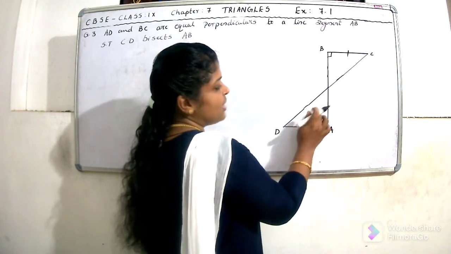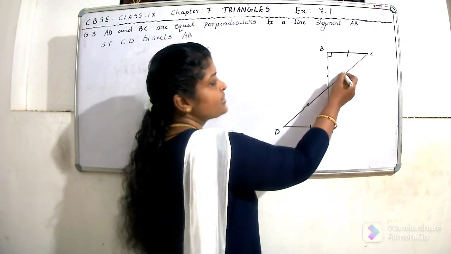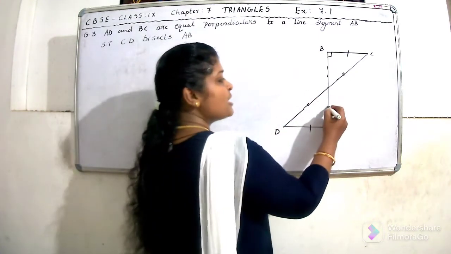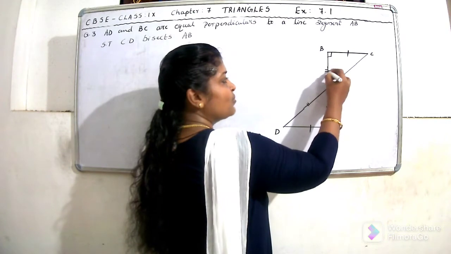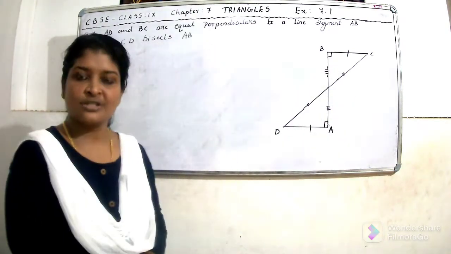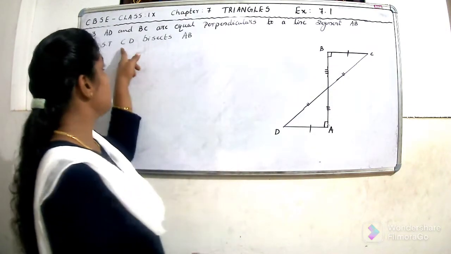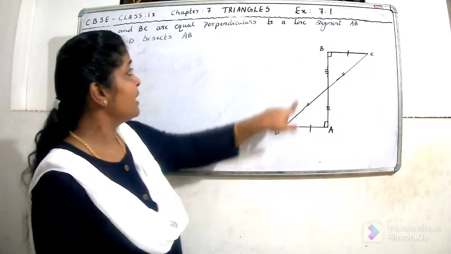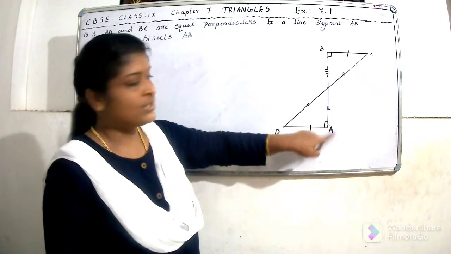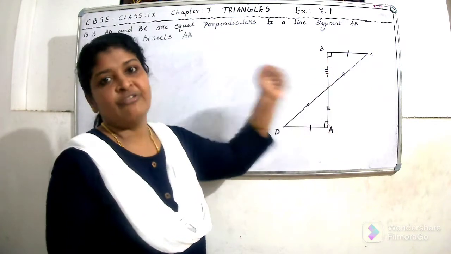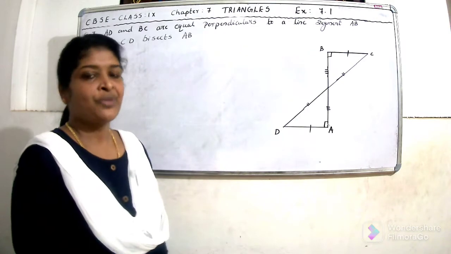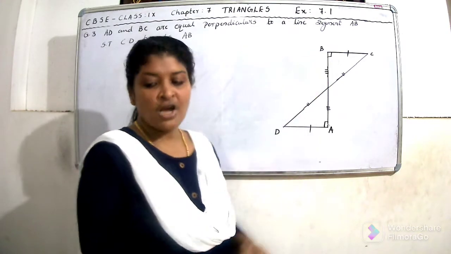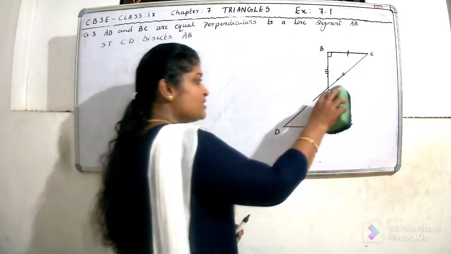So this side of this triangle and this side of this triangle are equal by CPCT, no? Then similarly this side is equal to this side because of CPCT. Here we have to show CD bisects AB. If the sides are equal, then definitely that is the bisector, no? So that way we can prove it. First we have to prove the triangles are congruent. These things are not given.